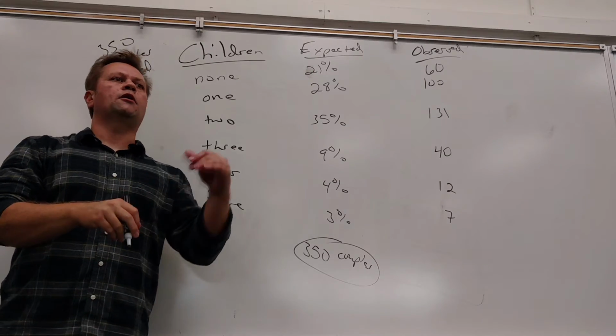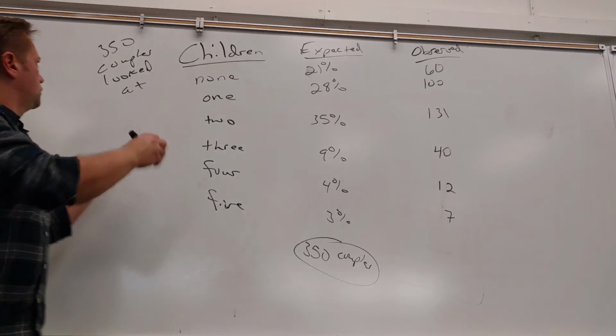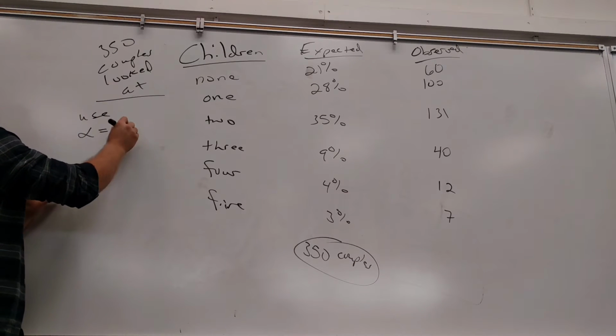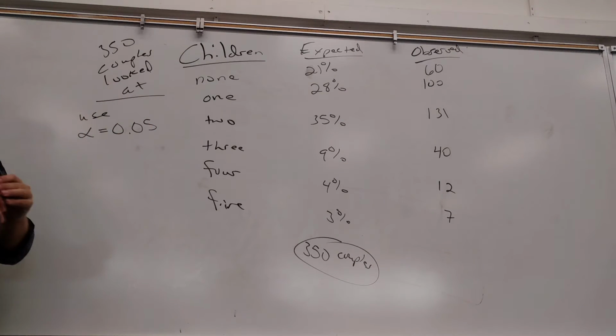Now I want you to do everything we just did using alpha equal to 0.05.